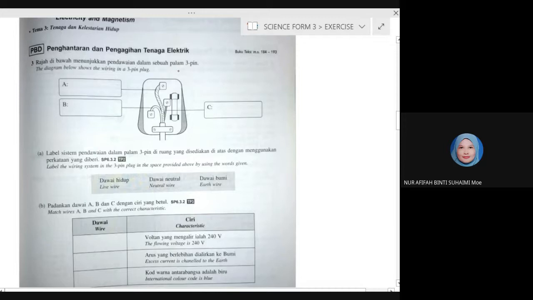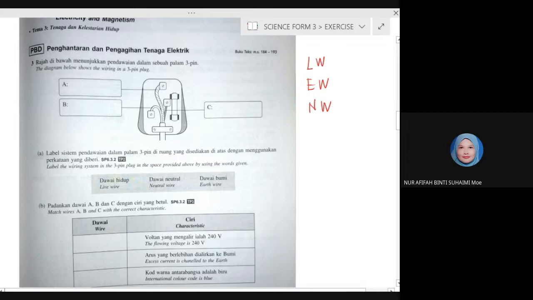Okay, this one, still remember the color and the position. I already asked you to remember. We have 3 types of wire. Okay, we have live wire, earth wire and neutral wire.